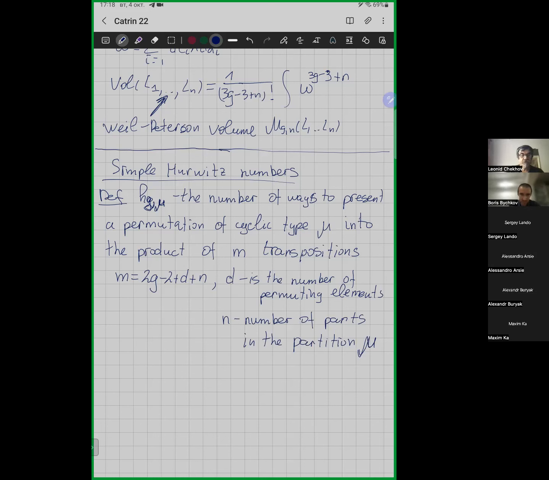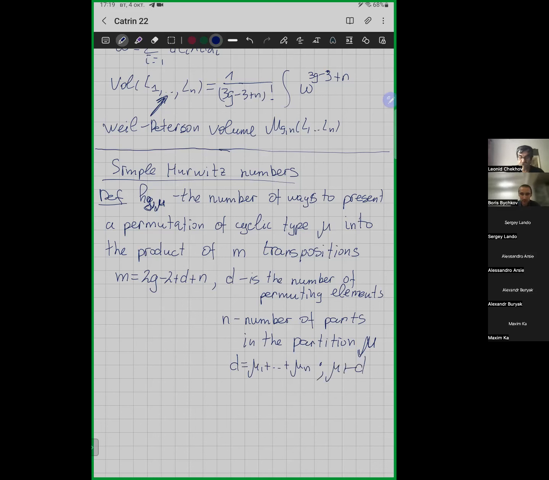In fact, d is equal to mu_1 plus etc. plus mu_n, and mu is a partition of d.